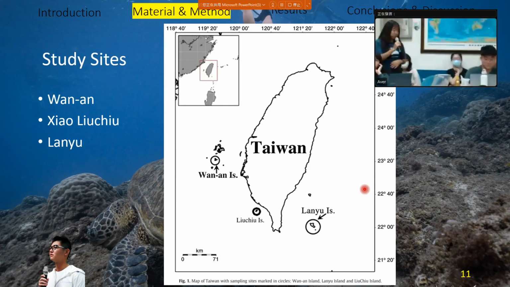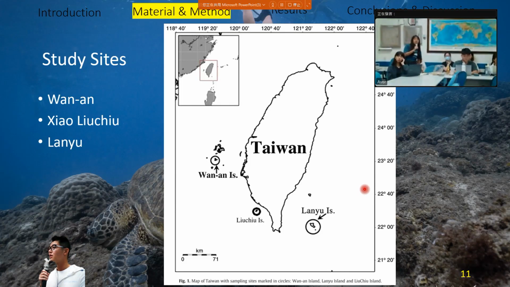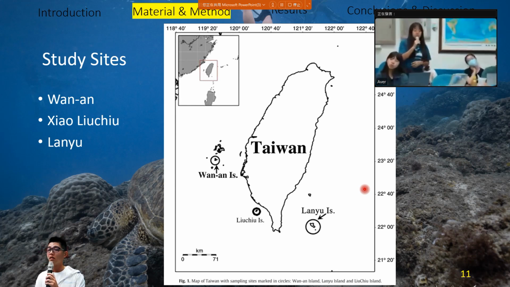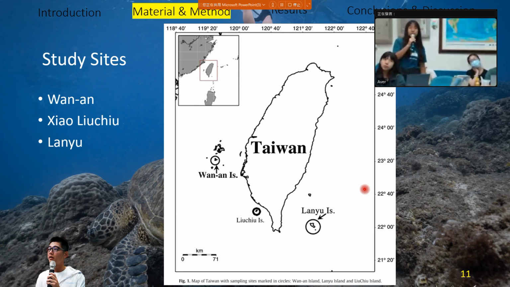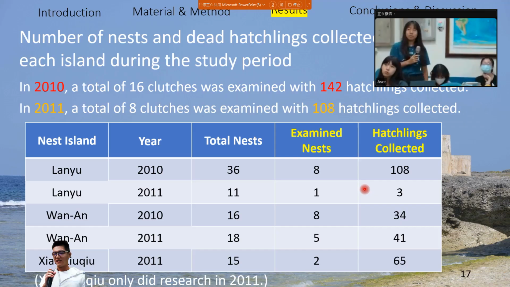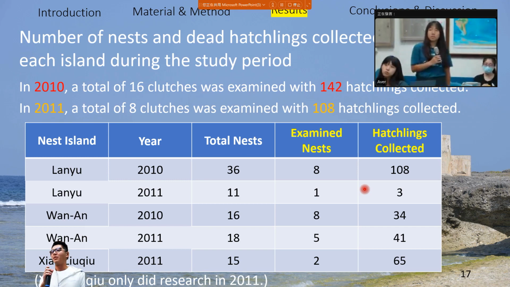Hi, I want to ask did this paper mention why Xiaoliuqiu the sample are so few? Yes. It didn't mention in the paper, but I can know that because Xiaoliuqiu has tourism.